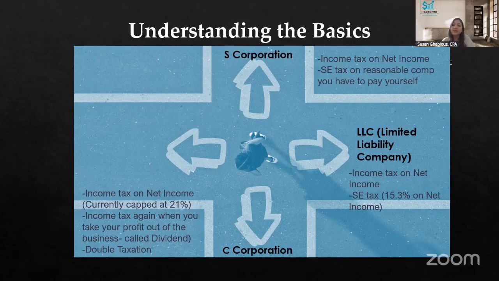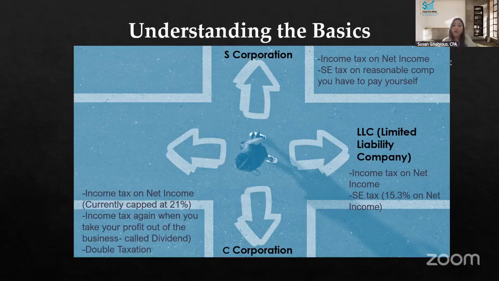You have to pay yourself some salary, and it has to be reasonable within the definition of the IRS, which puts a lot of people off, and we're not sure what is reasonable. So you have to do some digging here and use some help to determine what could be a reasonable compensation. So you pay self-employment tax on this reasonable compensation.